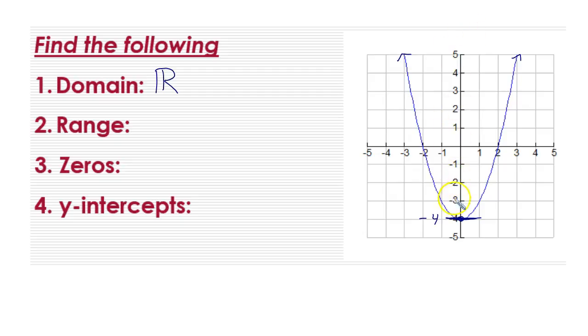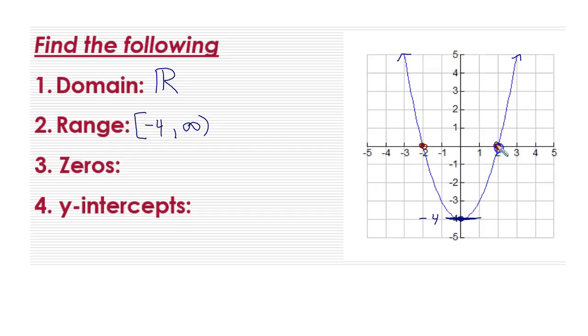So -4 is included, it's on the function, and we have y values forever up. All these y values from -4 all the way up past 5 are on this function somewhere. So we're going to put bracket -4, saying that the range is going to start down here at -4 and go all the way up forever and ever towards infinity, parentheses. The zeros on the graph are at -2 and +2.